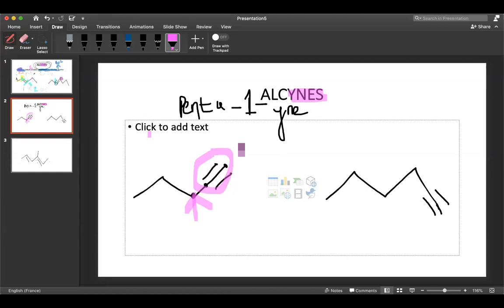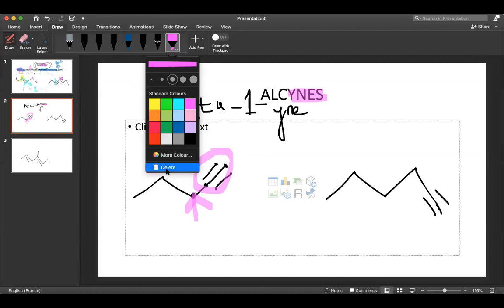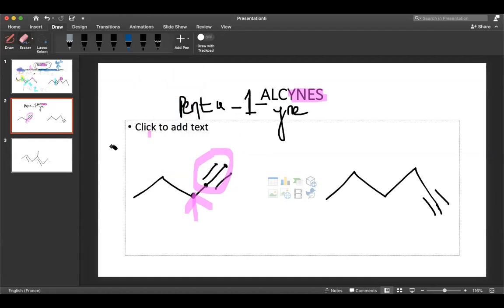Today I was just introducing how you name normal chains of alkynes and alkenes. From what I have explained, have I clarified anything, bosses? Is it okay? Or maybe you still have a query? Mr. Samuel? Yes, bosses, it's okay. So this is the nomenclature.